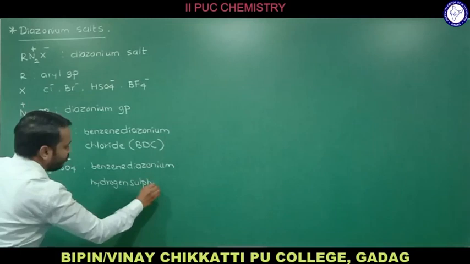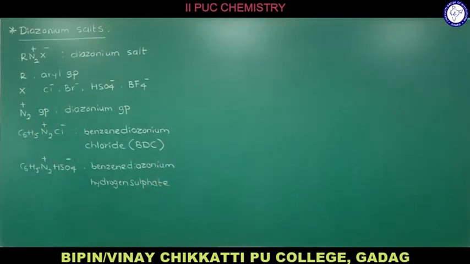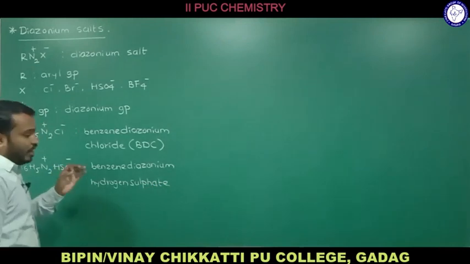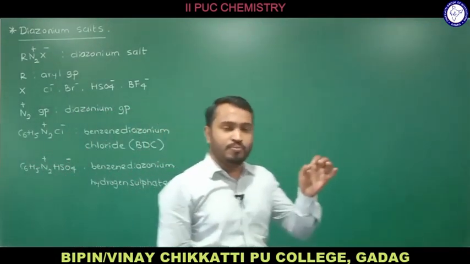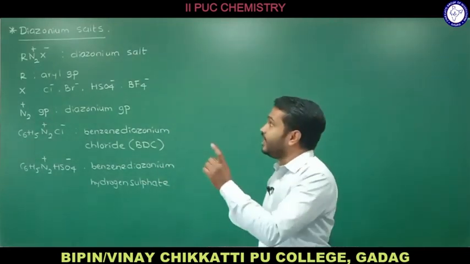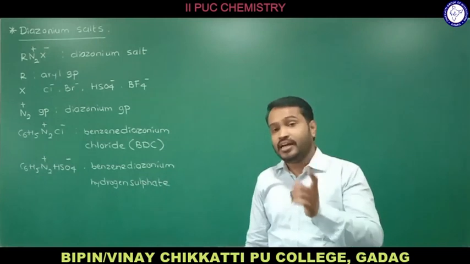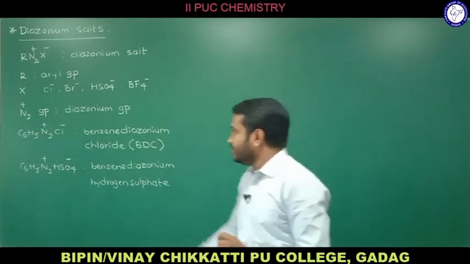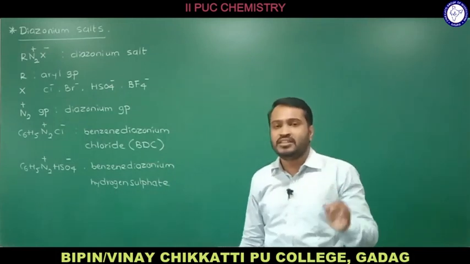So this is how we can consider some examples for diazonium salts. So an organic compound with the general formula RN2+ X- is considered a diazonium salt, where N2+ is called the diazonium group. And the example I can consider, frequently used one, BDC stands for benzene diazonium chloride.